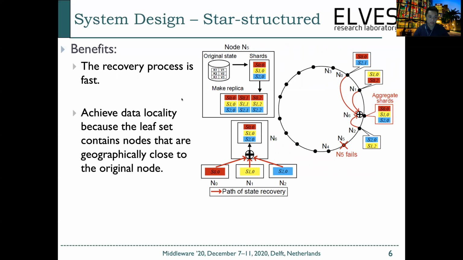The first is that the recovery process is fast, because we can fetch these states in parallel and form them into the recovered one, as this picture shows. We can also achieve data locality, because the leaf side contains nodes that are geographically close to the original node. So there is less network overhead caused by this design.